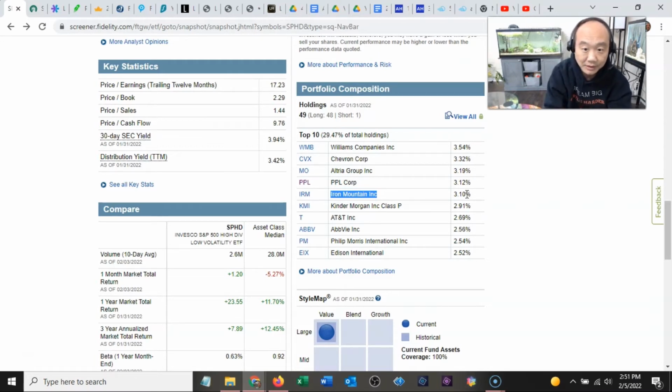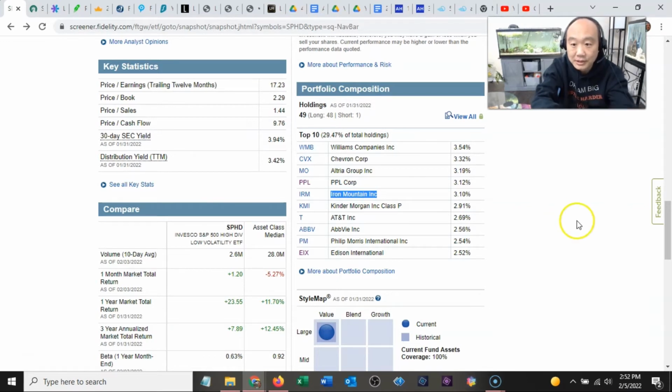Definitely a great growth and dividend stock. Okay, so Kinder Morgan, AT&T, got telecommunications, got drug companies, got more tobacco. That is in electric utilities. We're looking at a lot of utilities, oil and gas, tobacco. Iron Mountain, like I said, is a good REIT for industrial document storage and data centers.